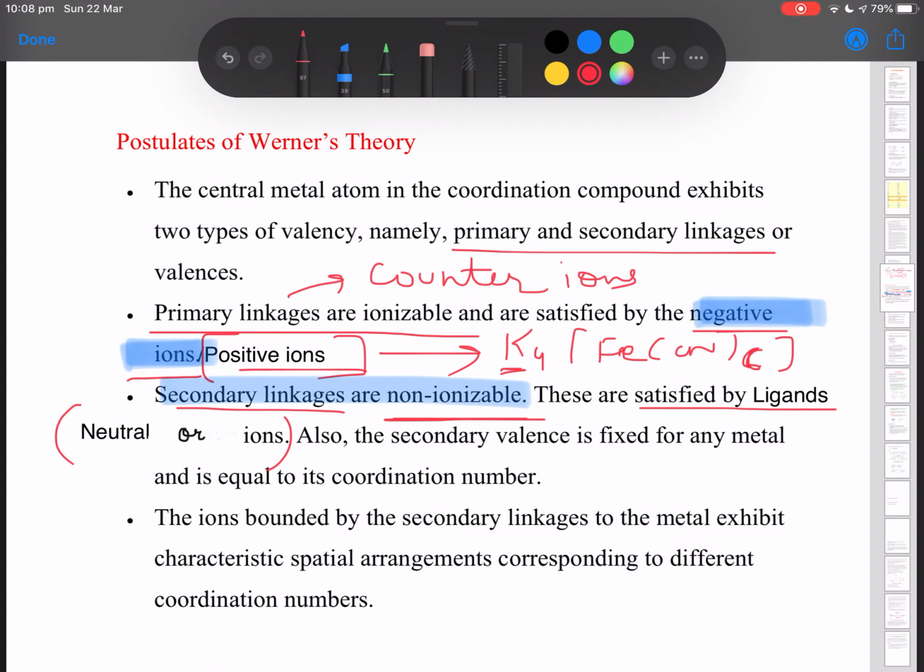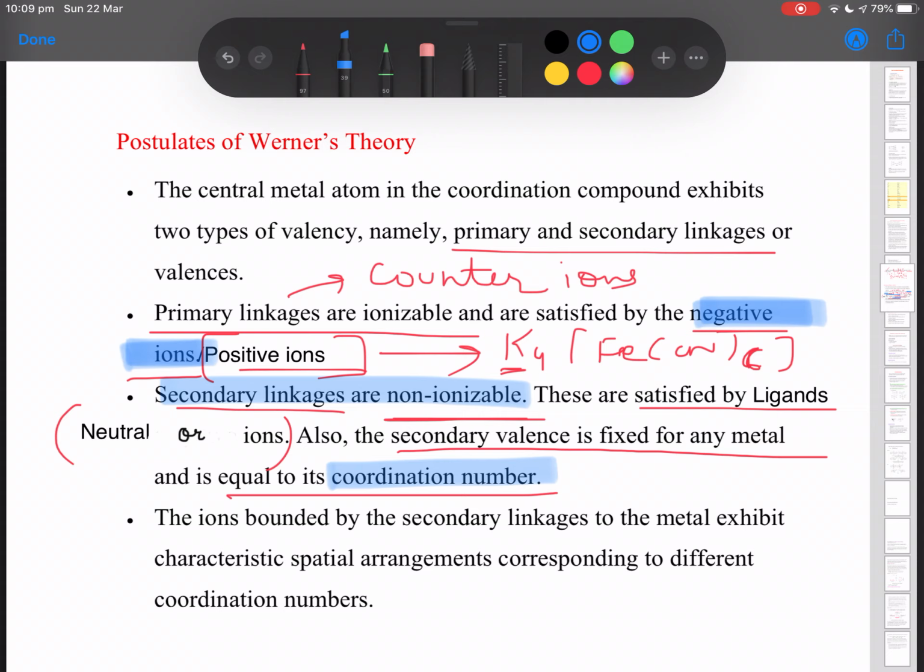Fine. Another important point, because he wanted to give the structure, the shape, the spatial arrangement in coordination compounds. So he gave a very important point over here. The secondary valency is fixed for any kind of metal which is associating with the ligand, and that will be equal to its coordination number, right? Very important thing to be noted down here. So coordination number, a term which we learned before, is just equal to the secondary valency.